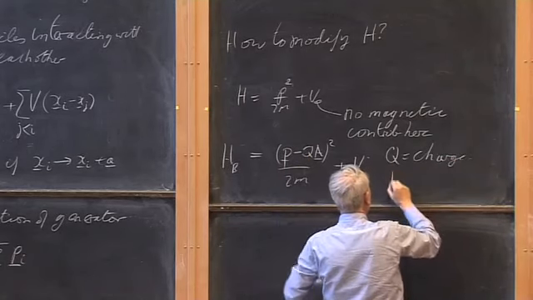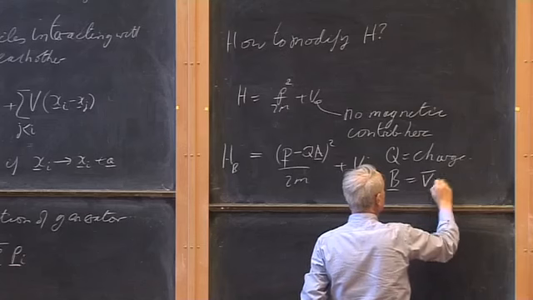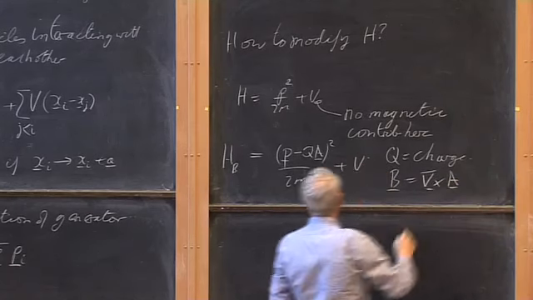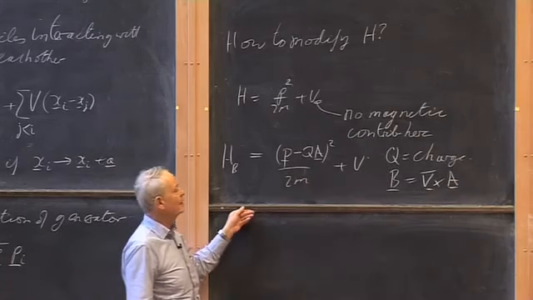And, of course, B is the curl of A. So A is the magnetic vector potential that generates the magnetic field.